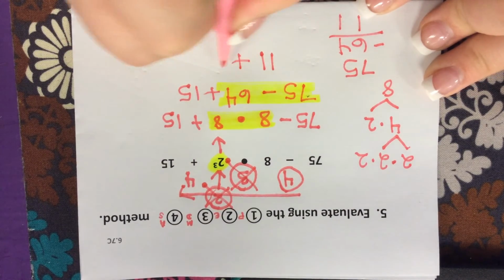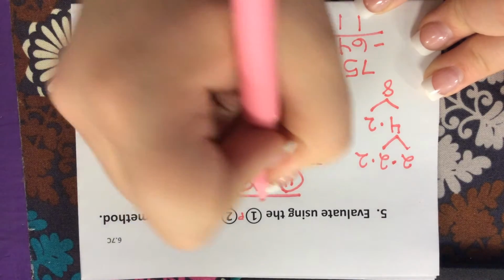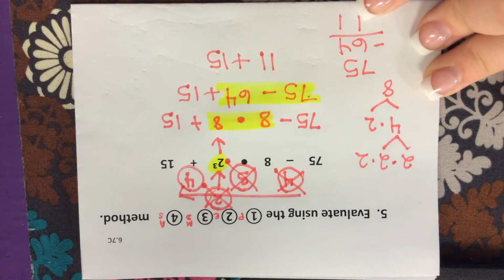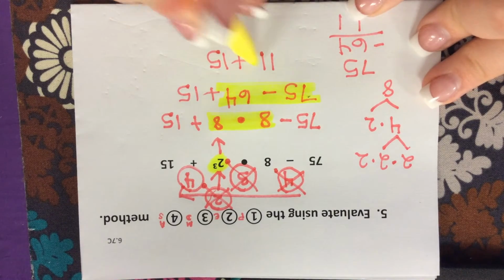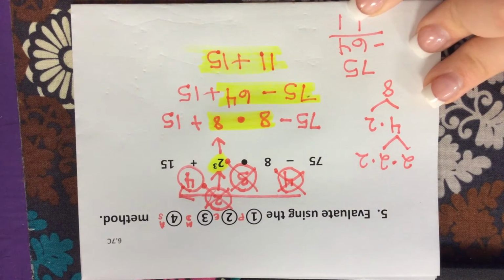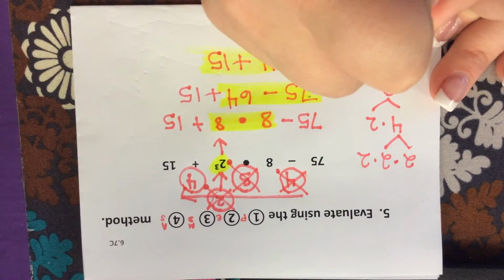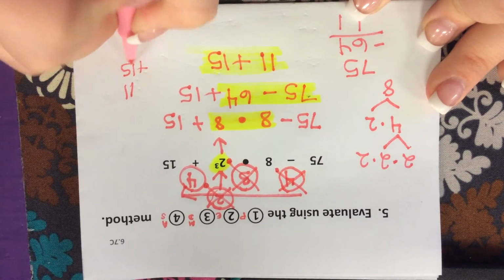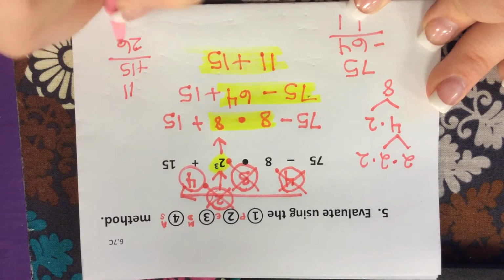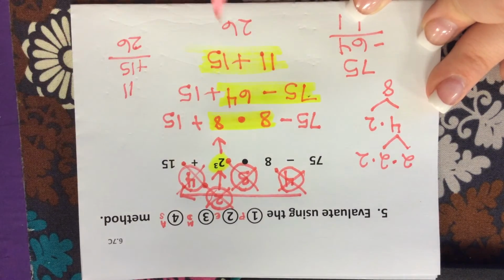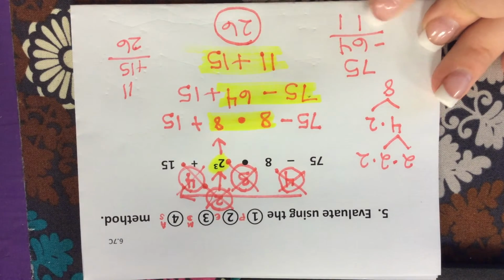Bring the rest down. Done with that step. Last, I have another step 4. 11 plus 15 is 26. Done with that last step, and my solution is 26.